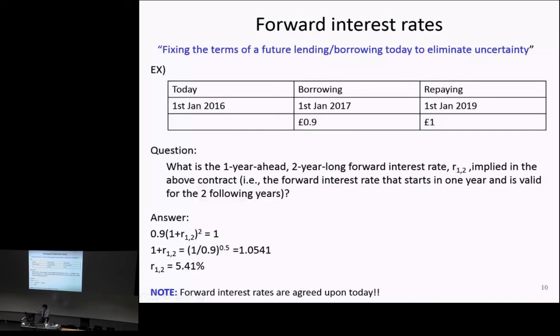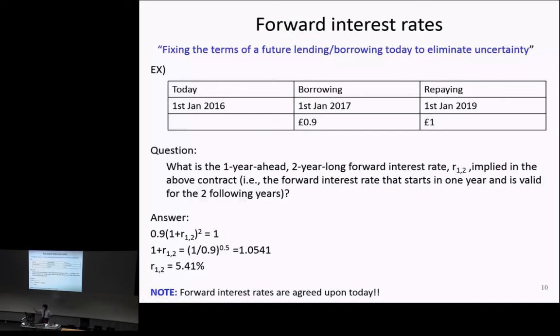So the math is very familiar. We did this in week 3, but the interpretation is different. This interest rate is not applied today. It is applied in the future. That's the only difference. That's why this is called forward interest rate. Don't confuse this with future interest rate. We cannot predict the future.